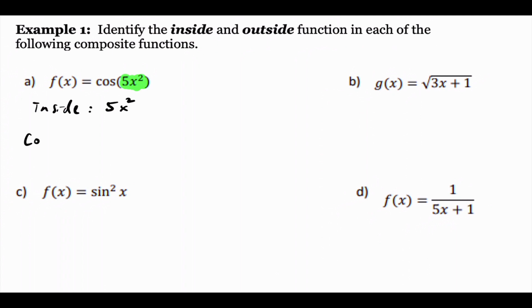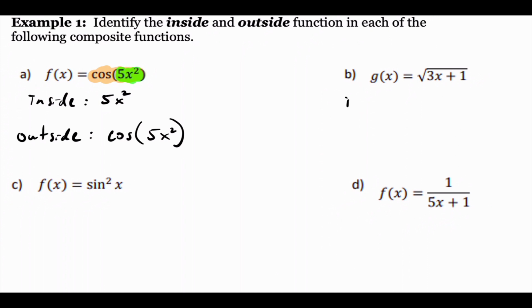What is the outside? The outside is always everything. So it wouldn't just be cosine, it would be cosine of 5x squared. The inside is by itself. When I talk about the outside, I mean the whole thing.